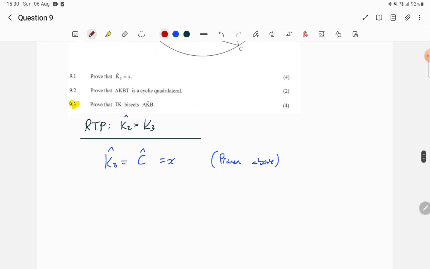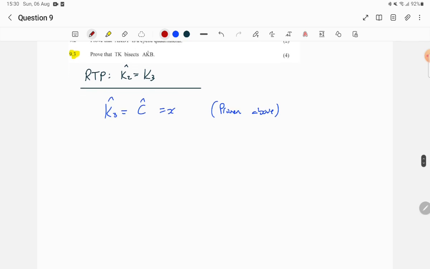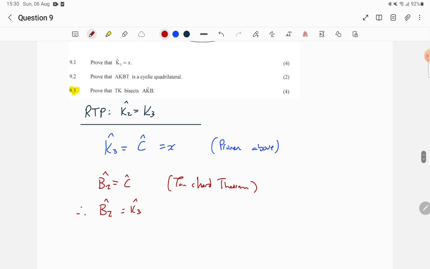So let's write that down. Firstly, B2 is equal to C, by this first tan chord theorem, and therefore B2 is equal to K3, right? Because they are equal to each other.